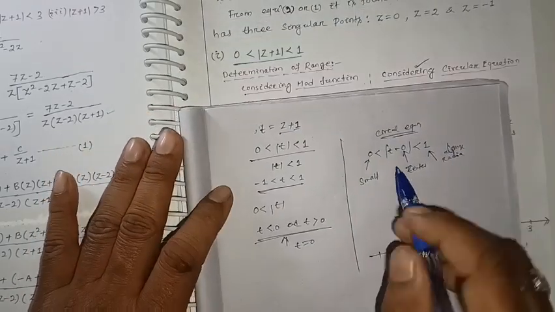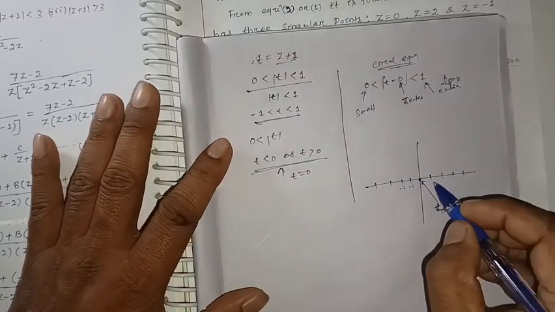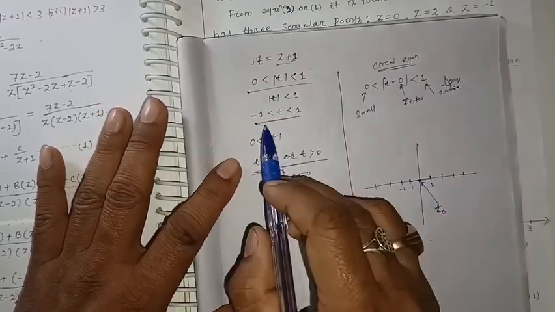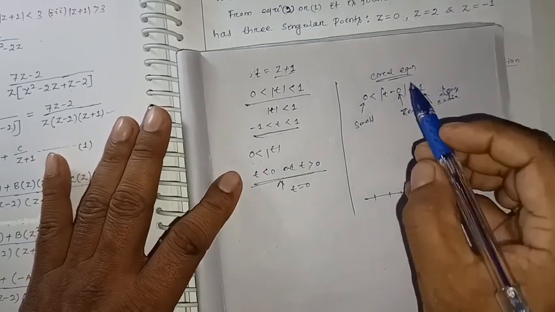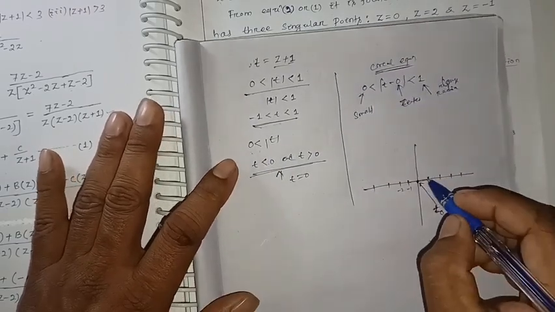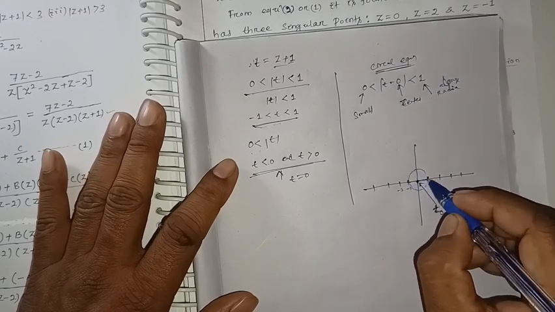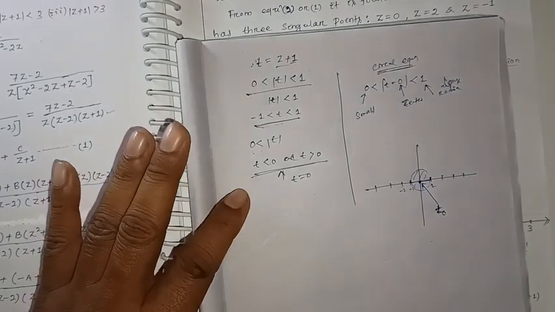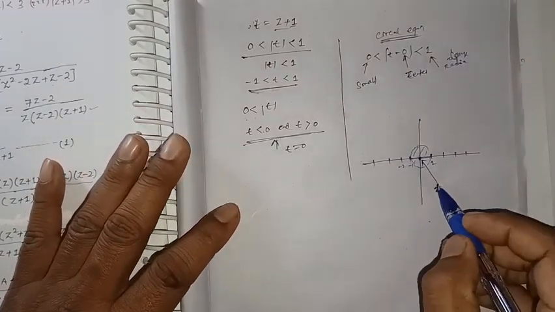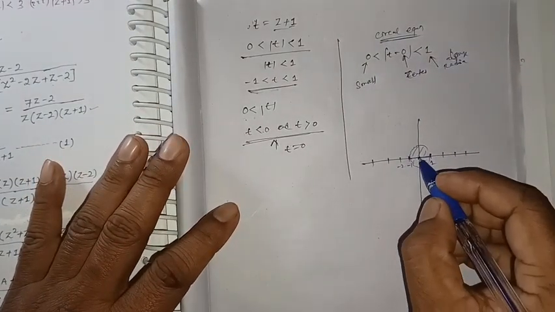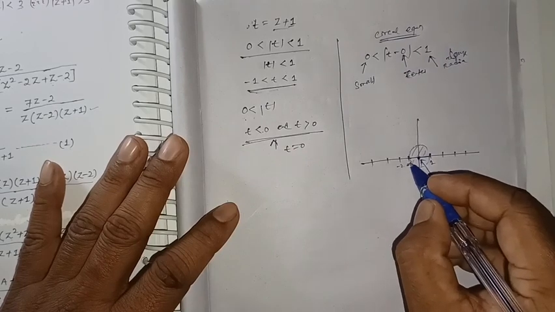And what is the range? Minus 1 to plus 1. By the mod function we got the same, and if we consider the circular equation also, we consider this region. So here I'm going to zoom in somewhat. Here t0 will be 0 and the range will be minus 1 to 1.